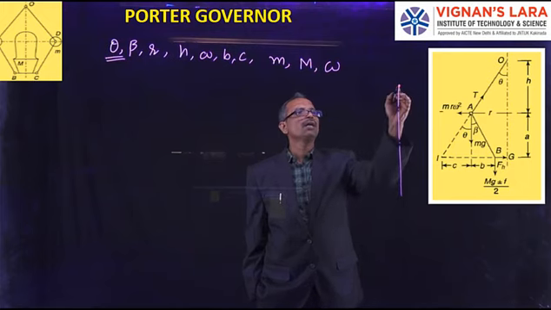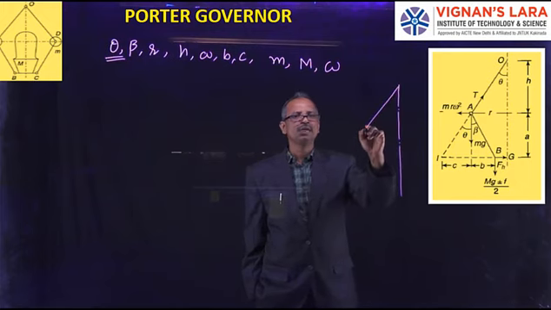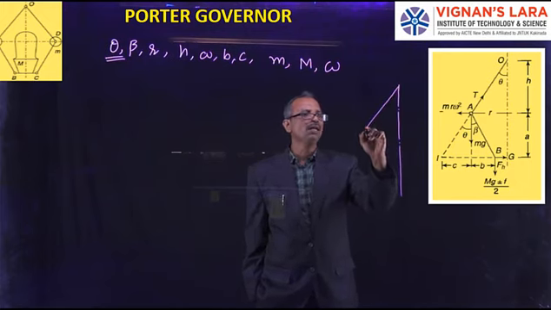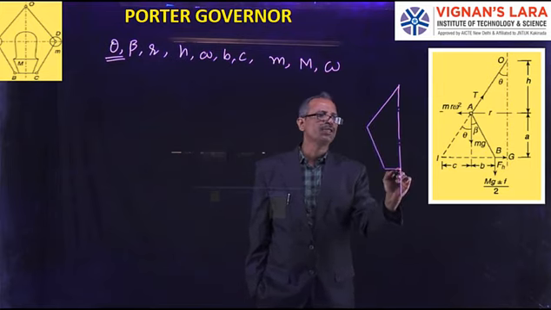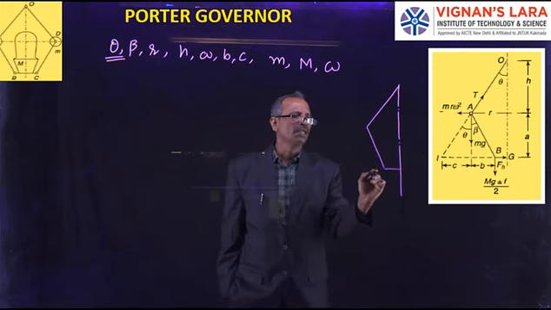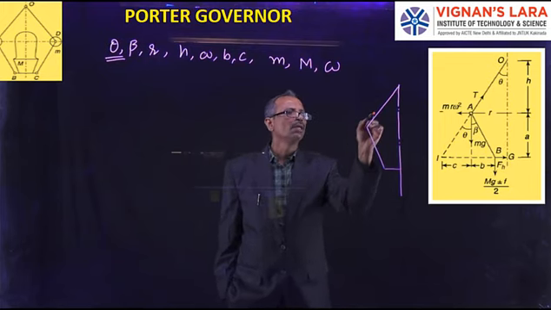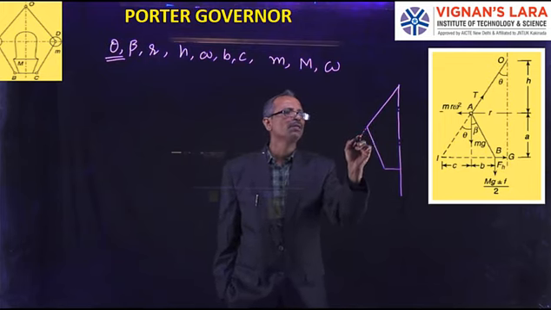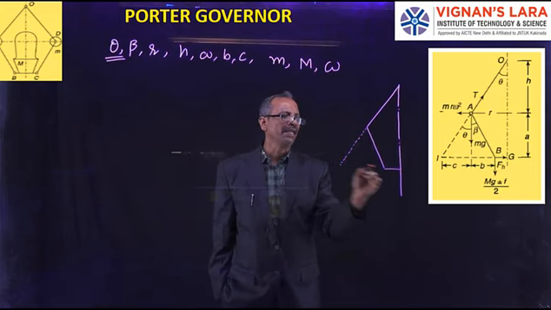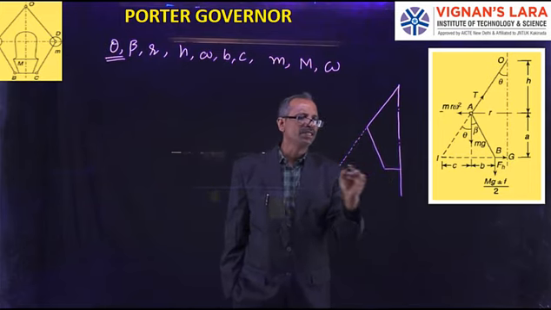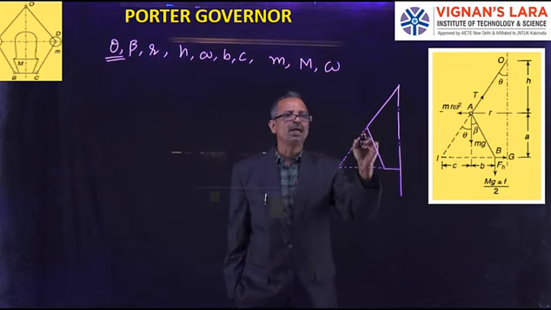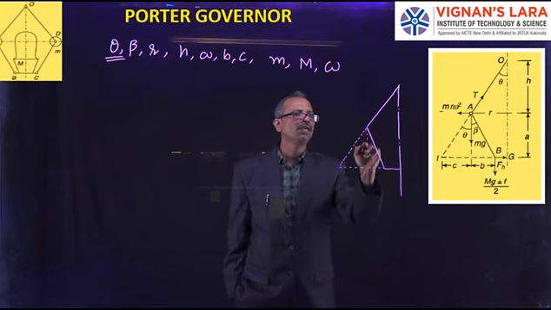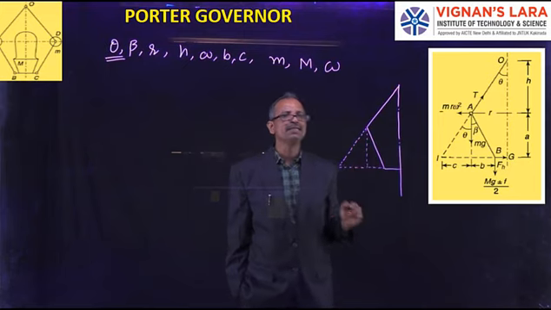This is the upper arm, and this is the lower arm, and this is the extension link. Then we can have the upper arm extension like this, and this extension link is horizontal. Then I can draw a vertical like this.